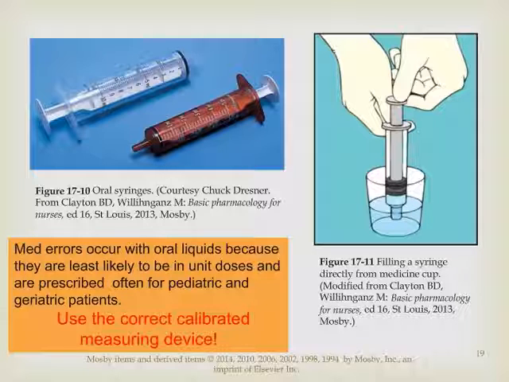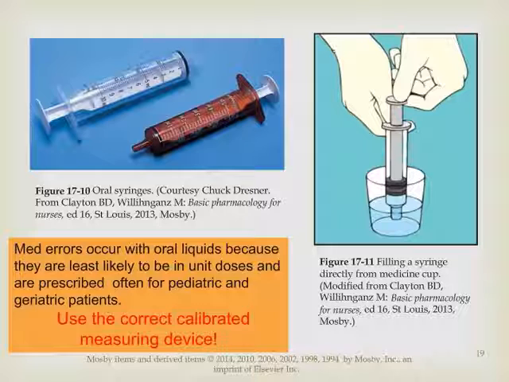Medication errors often occur with oral medications because they are the least likely ones to be delivered in a unit dose. And so oftentimes you will have to take it out of a bulk bottle where it contains 100 mLs, as I gave you an example, but you only need 5 mLs or 10 mLs out of it.